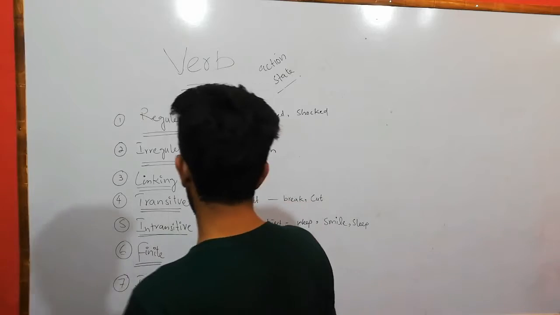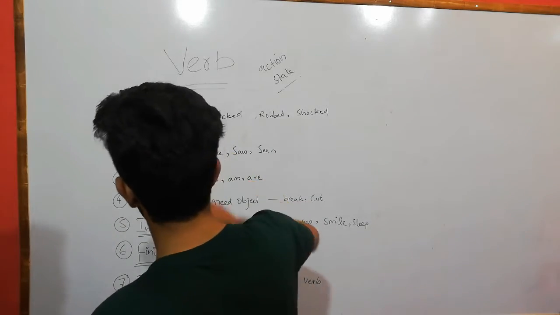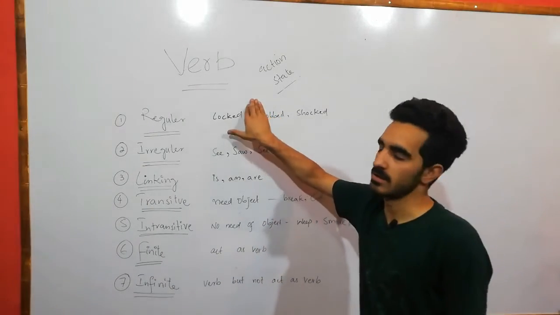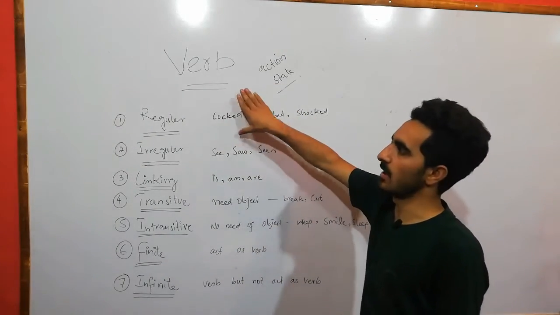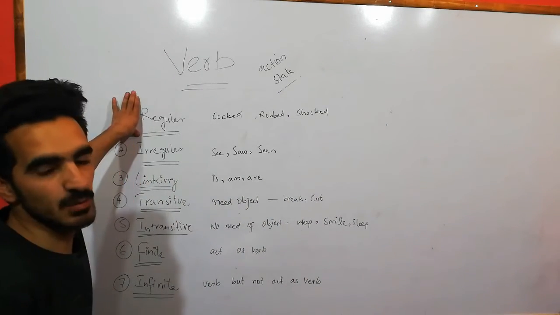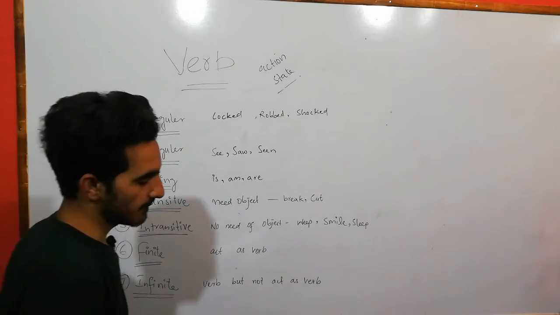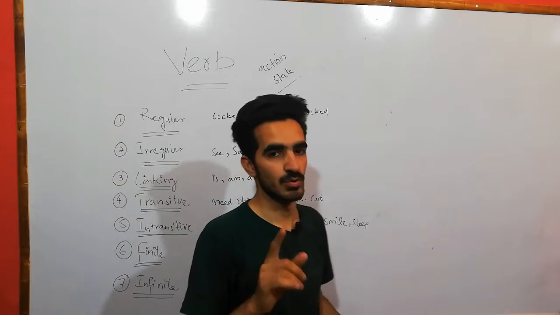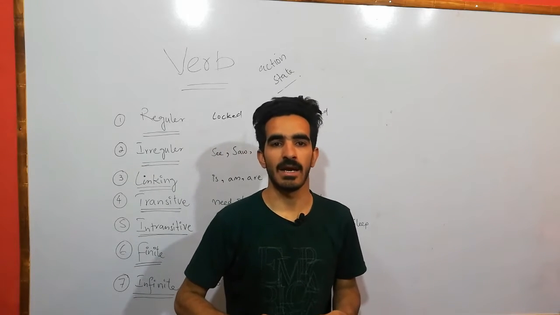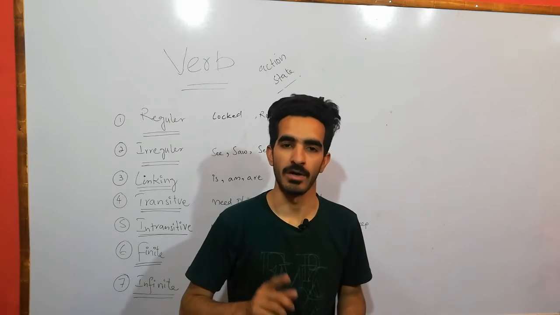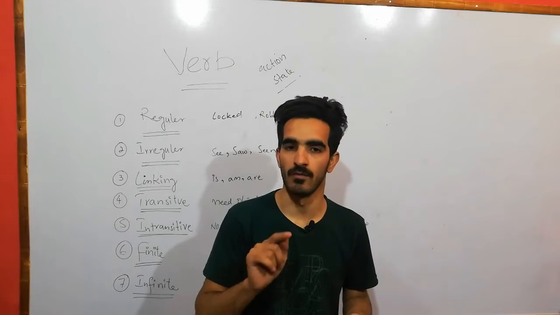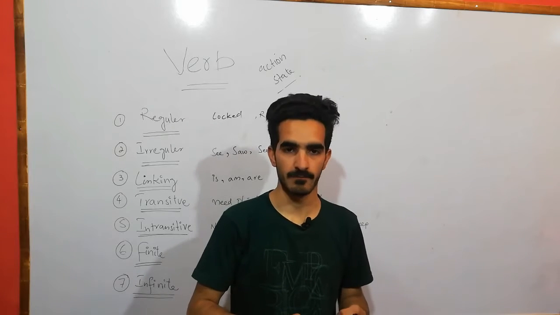Regular verb. We are now coming to the kinds of verb, that is, how the verb is divided into subtopics. The first one is the regular verb. You have seen the first, second and third forms of verbs. If there is ed or d at the end of the second and third form of a verb, that is called a regular verb.